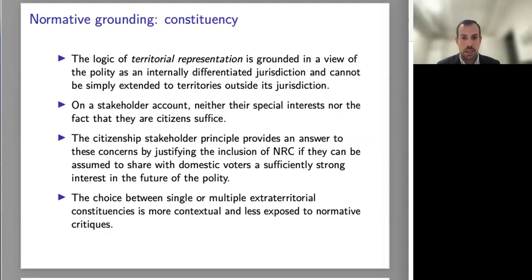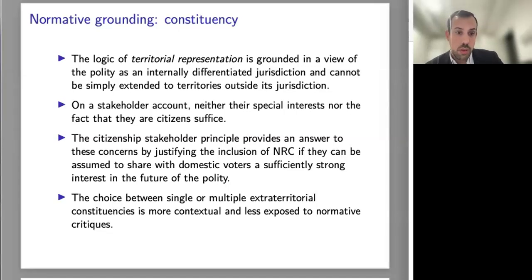The stakeholder principle, in this case, provides an answer to these concerns by justifying the inclusion of non-resident citizens if they can be assumed to share with domestic voters a sufficiently strong interest in the future of the policy.